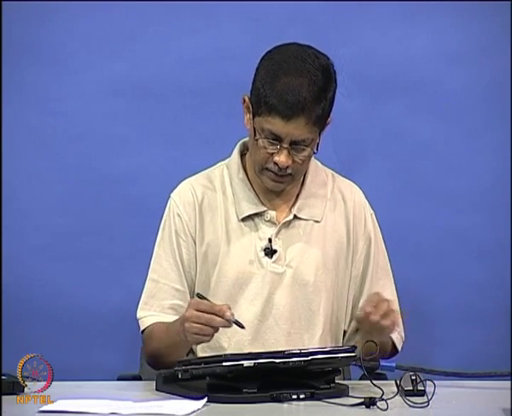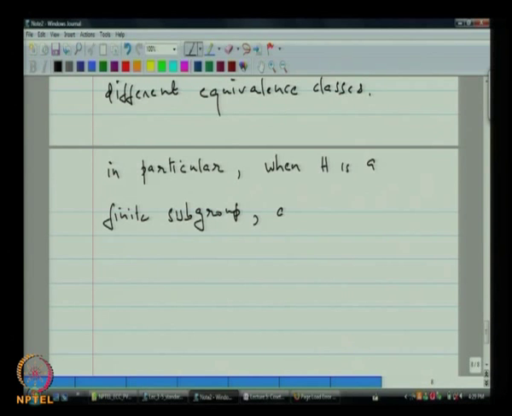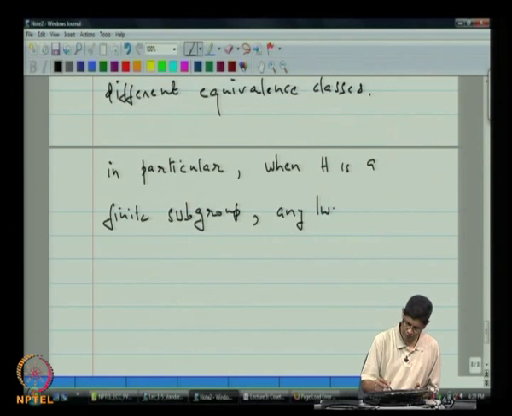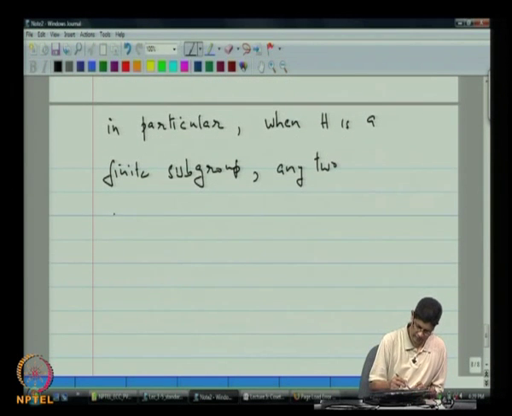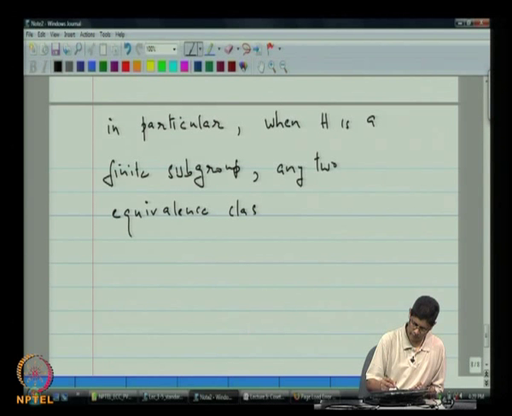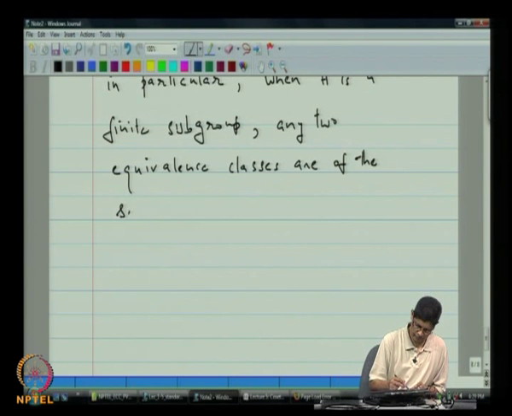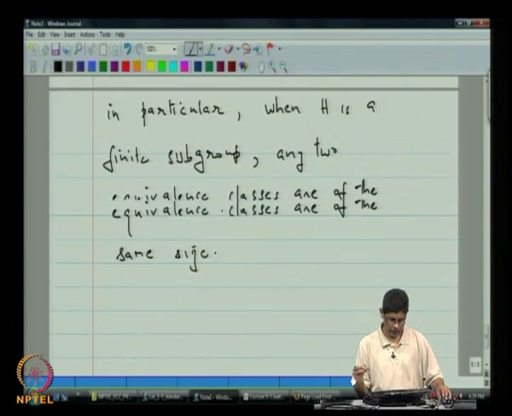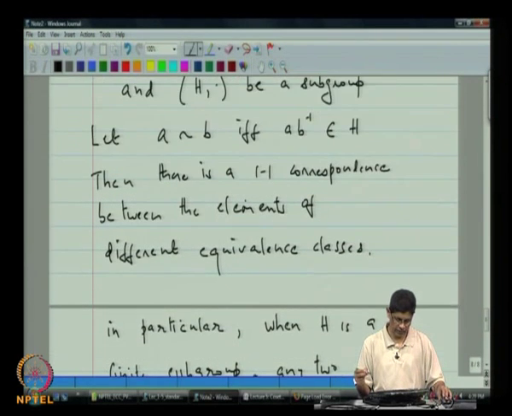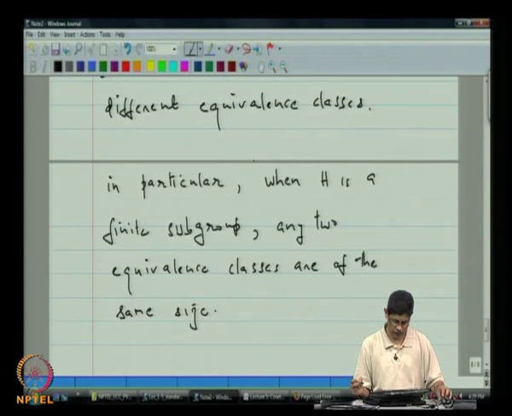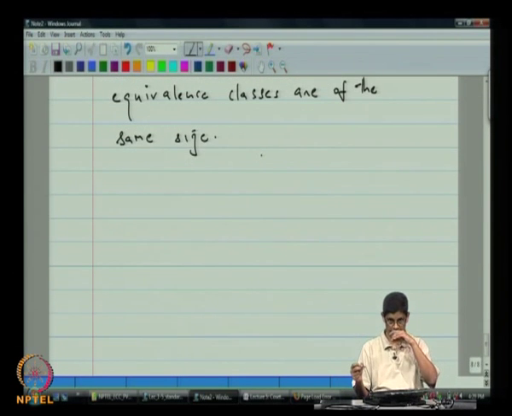So, in particular, when H is a finite subgroup, any two equivalence classes are of the same size. Okay, so this is our claim. So, the claim is that there is a one-to-one correspondence between the elements of the equivalence classes.